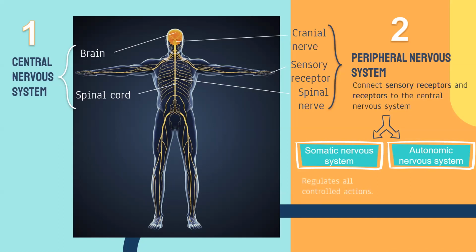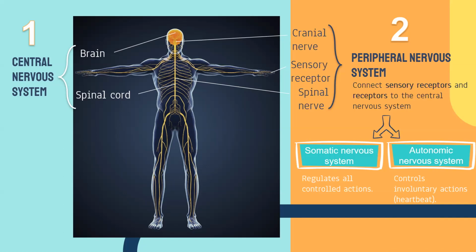The somatic nervous system regulates all controlled action, which means that we can control the action. For example, you hear the ring of your phone. You can control the action, whether you want to pick up the phone or you just want to ignore it. For the autonomic nervous system, this involves involuntary action, which you cannot control.